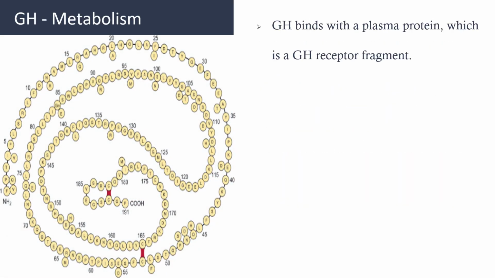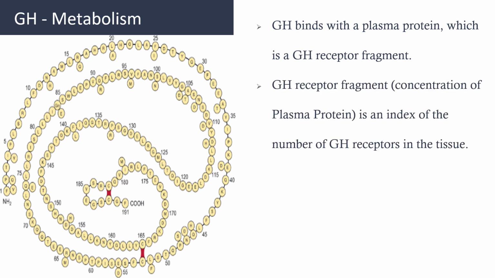Metabolism of the growth hormone. The growth hormone binds with a plasma protein, which is a growth hormone receptor fragment. The concentration of this plasma protein is an index of the number of growth hormone receptors present in the tissue.